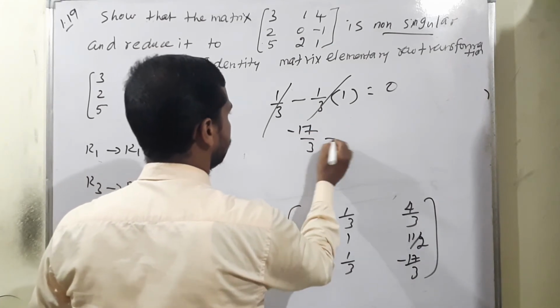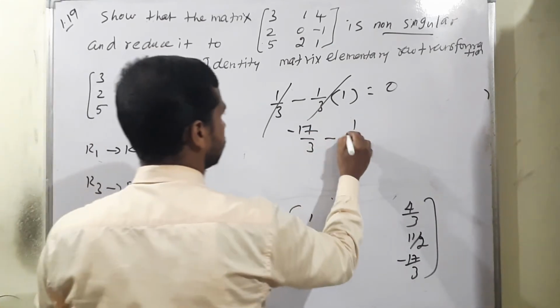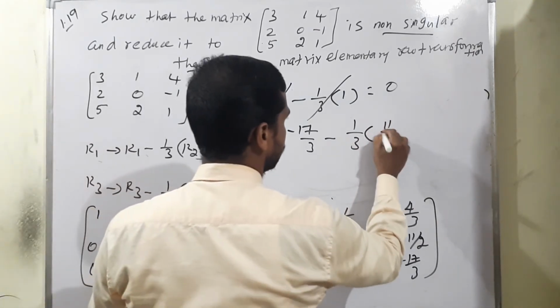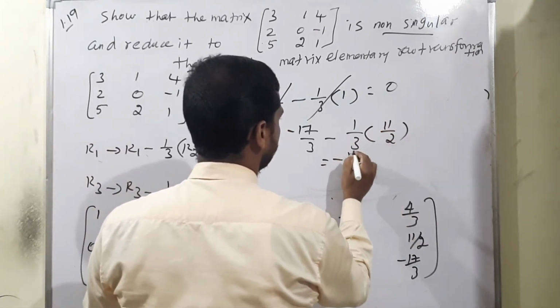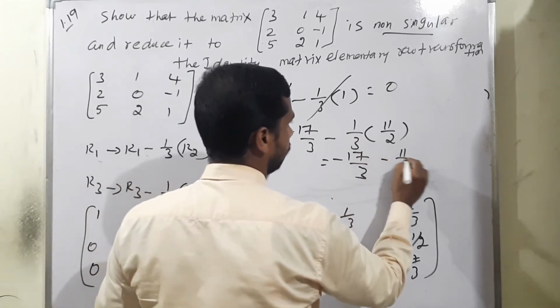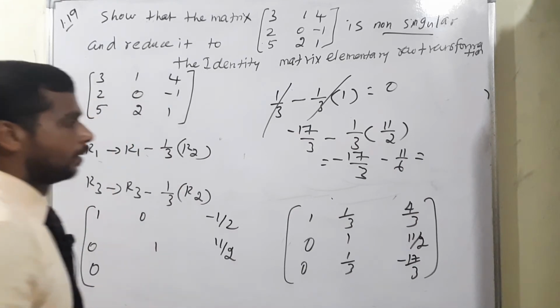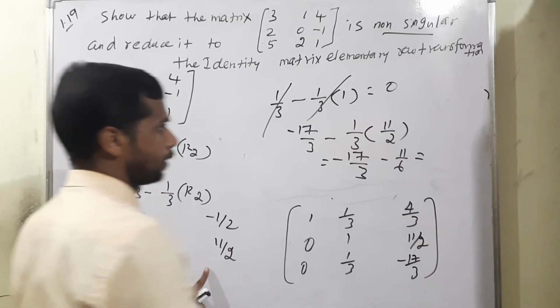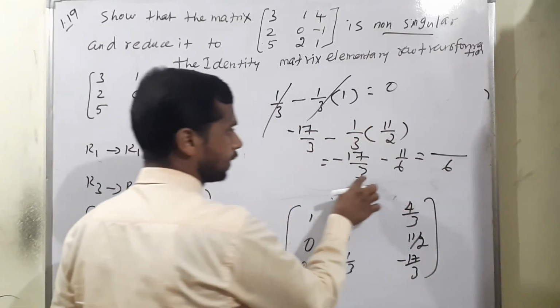So minus 17 by 3, then minus 1 by 3 into R2, means value will be 11 by 2 is there. Therefore, minus 17 by 3 minus 11 by 6. So this is also same, common denominator 6, means 6 divided by 3.